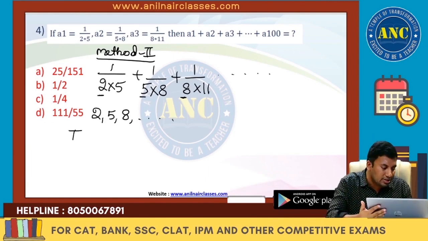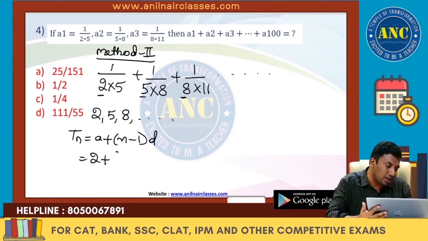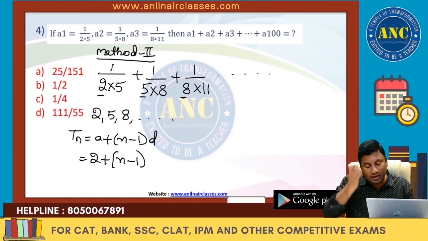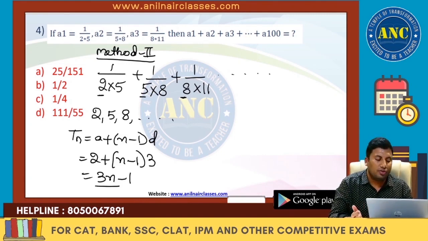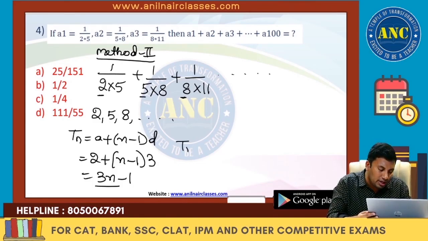So Tn is nothing but a plus n minus 1 into d, which is 2 plus n minus 1 into 3, where 3 is the common difference between consecutive numerical values. That is nothing but 3n minus 1. So Tn is given by 3n minus 1.